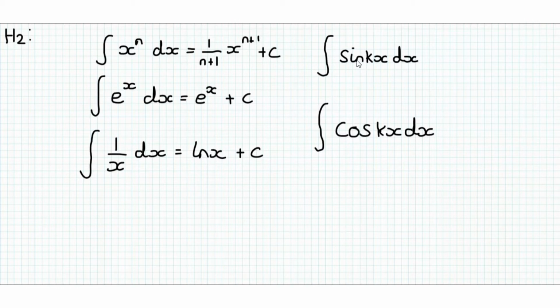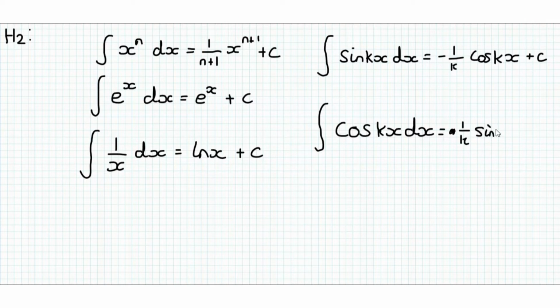So this now, well, sine kx goes to k cos kx, so what we'll do is we'll go minus 1 over k cos kx, and still remember plus c, and then this one is equal to, not minus, sorry, this is just 1 over k sine kx plus c.